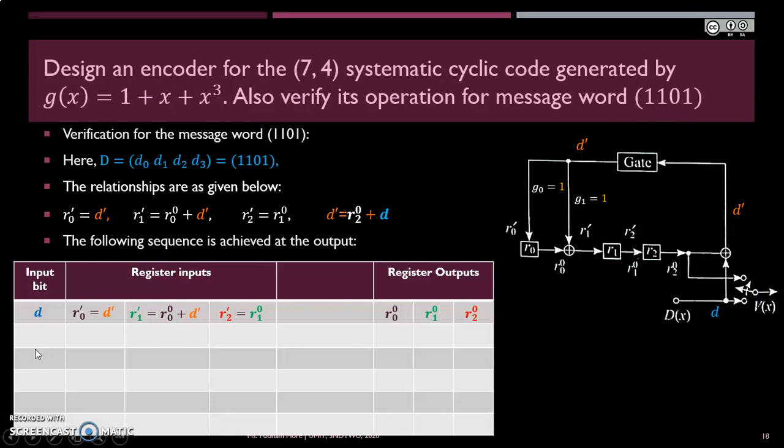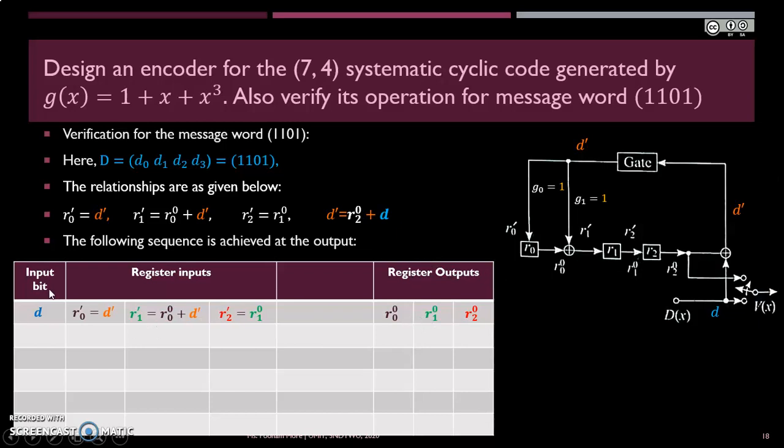We have written the input bit D in the first column, the register inputs R0 dash, R1 dash, R2 dash in the next respective columns, and in the last columns the outputs of these respective registers.